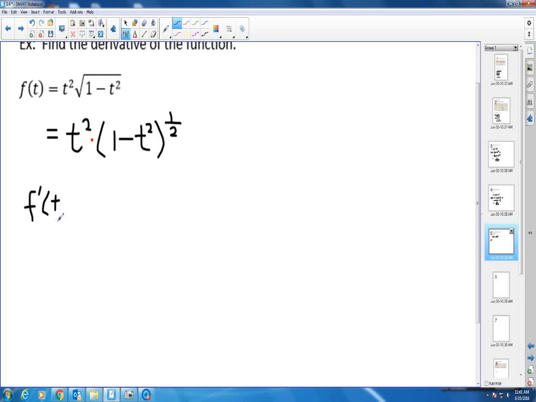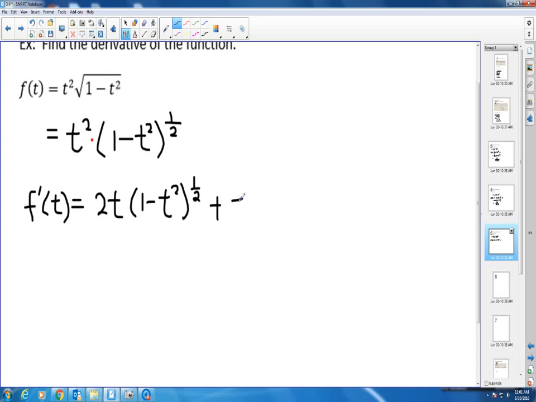Try not to write as much. So product rule: derivative of the first times the second plus the derivative of the second times the first.